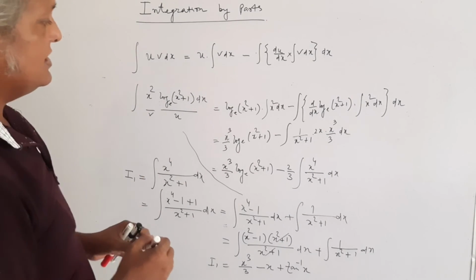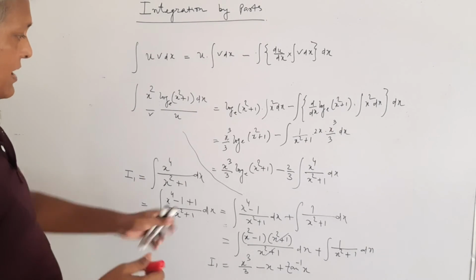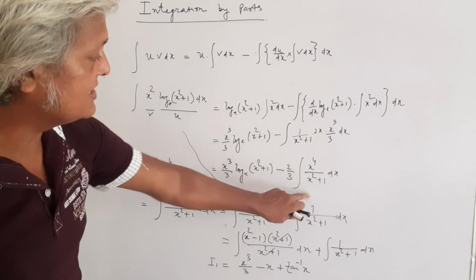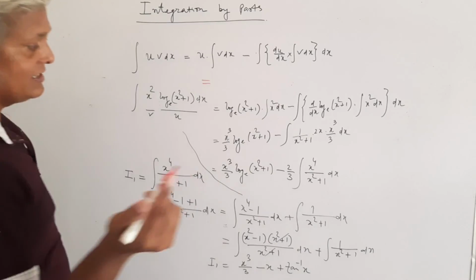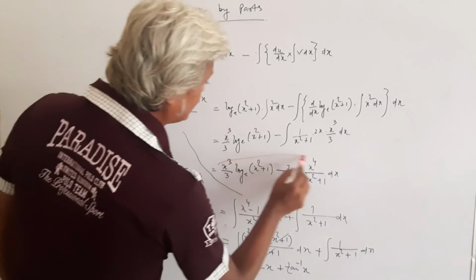Now our question is that we have this part, this answer, this minus 2 by 3 of this I1. So we write our whole answer here. I'm writing it in red so that you can identify it.